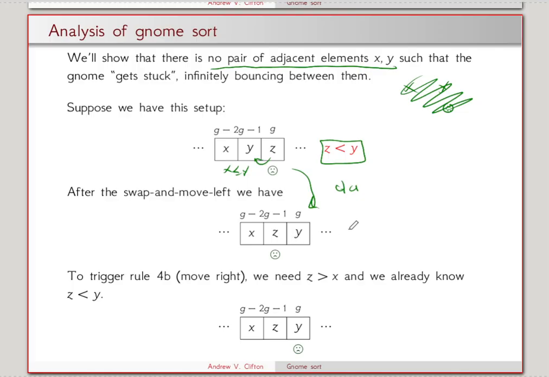Now remember what we know. We know that z is less than y. So now rule 4b is going to trigger, and we're going to move over here, right? If z is greater than x, z doesn't need to be dragged any further. We're going to take another step to the right. So this is our configuration. We previously swapped y and z, and now we're moving to the right again.